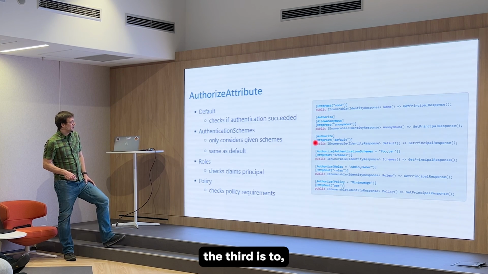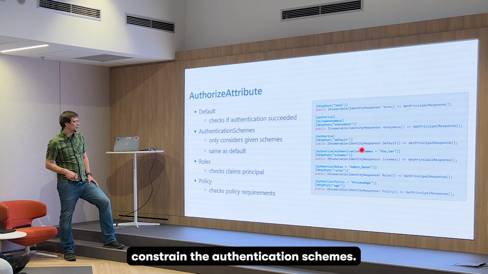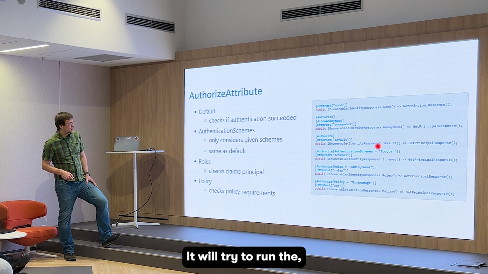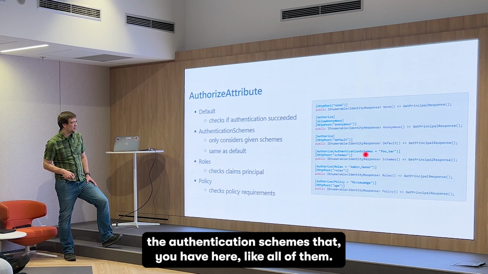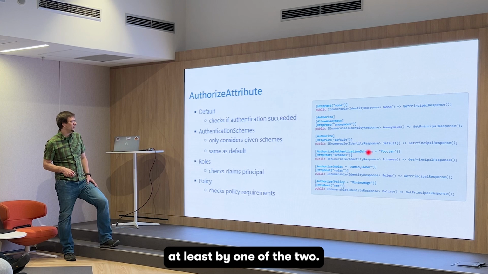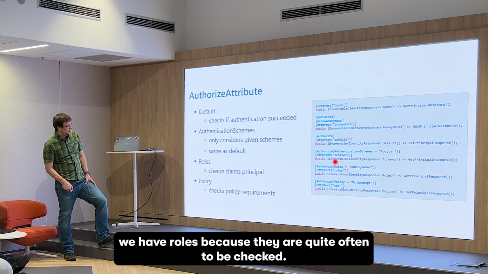The third is to constrain the authentication schemes. What will happen is it will try to run the authentication schemes that you have here, all of them, and then it will check if the user is authenticated by at least one of the two. Then, by default, we have roles because they are quite often checked.